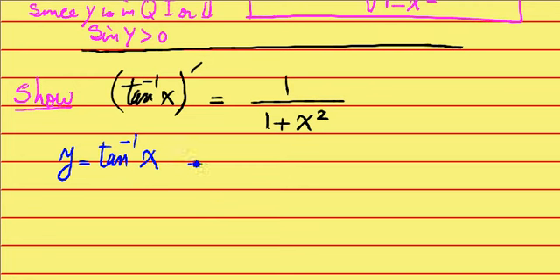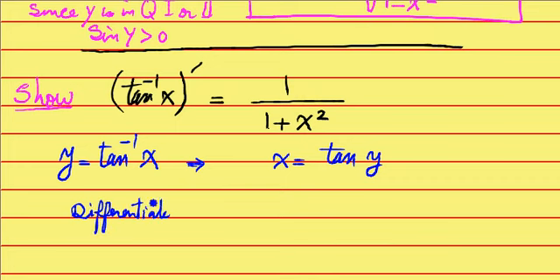Let's see. So hopefully this is after your attempt at proving this. If y is equal to tangent inverse of x, then x is equal to tangent of y. I differentiate with respect to x. Derivative of x is just 1.